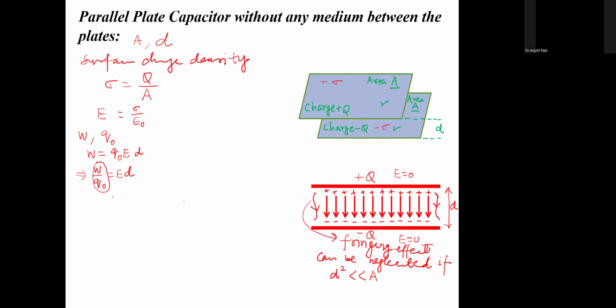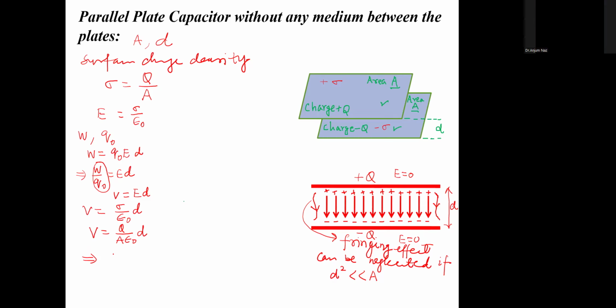Work done per unit charge in taking a charge from one point to the other gives the potential difference between the two points. So the potential difference between the plates V is E d, where E is the electric field between the plates and d is the separation. Now put the value of E here: V is equal to sigma upon epsilon naught times d, and sigma is charge per unit area, that is Q by A, so V is equal to Q d by A epsilon naught.